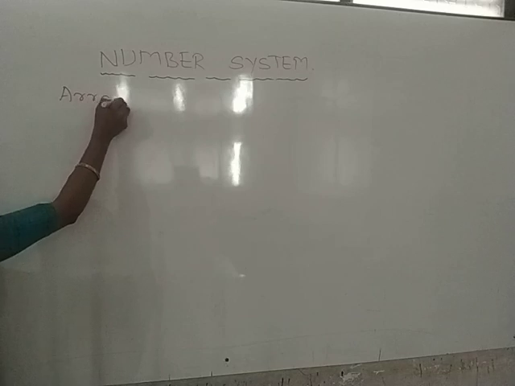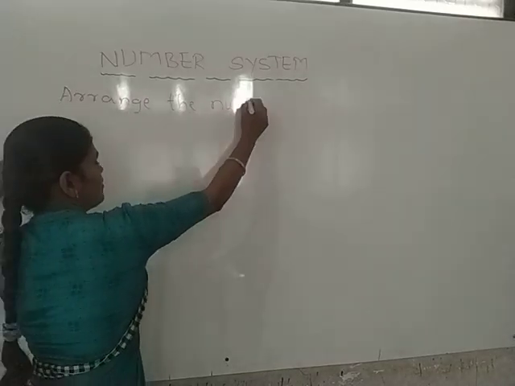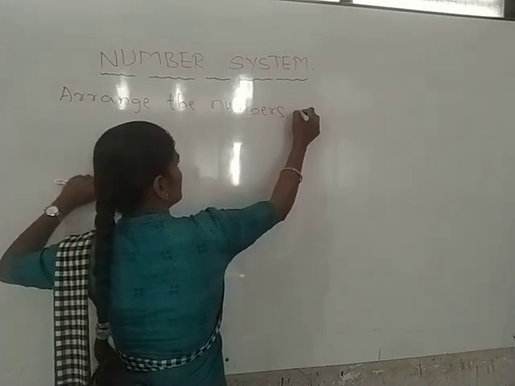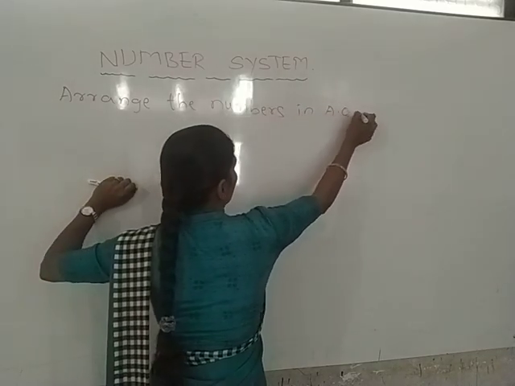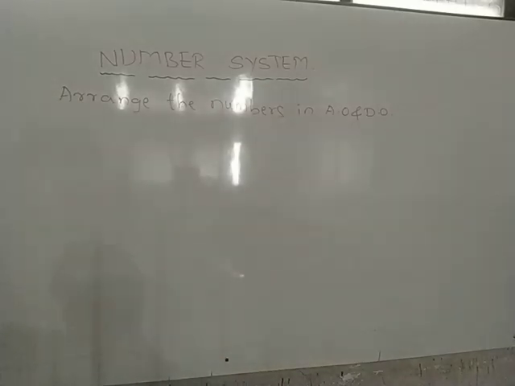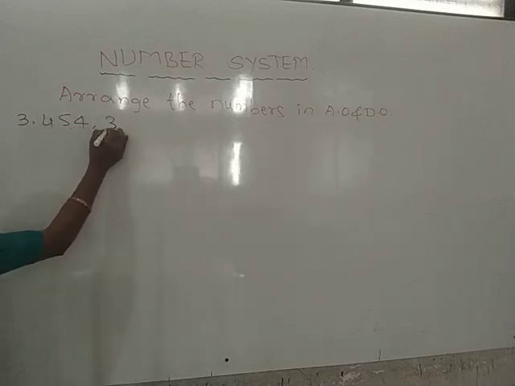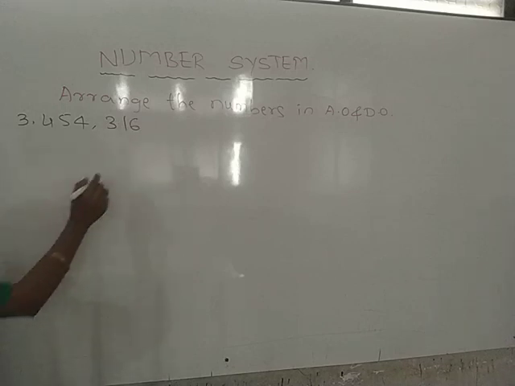Take the heading: Arrange the numbers in ascending order and descending order. Okay. So I will give you the first set of numbers. 3,454,360.